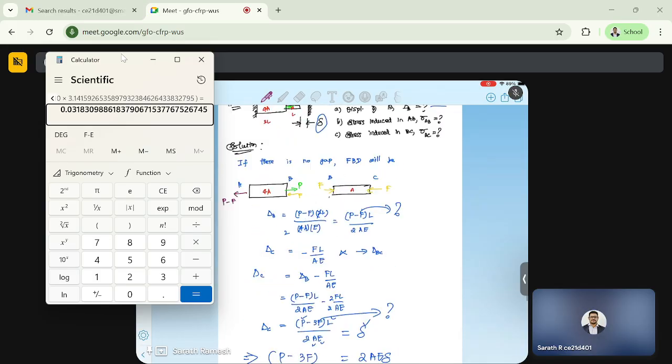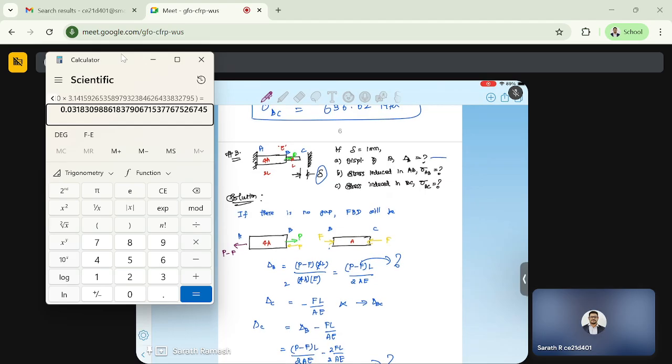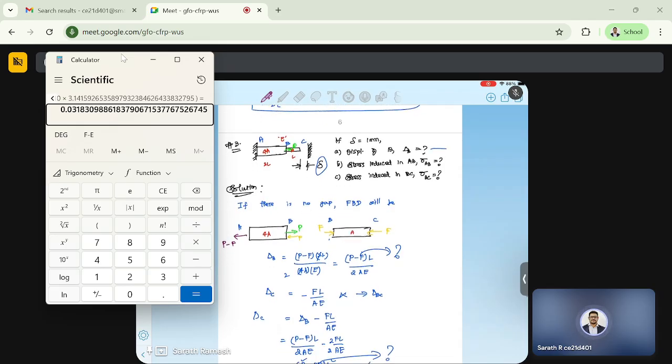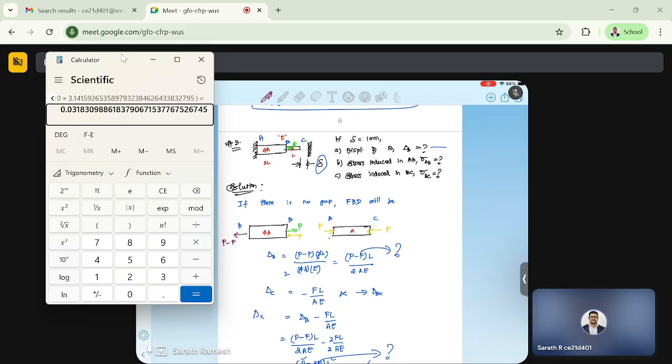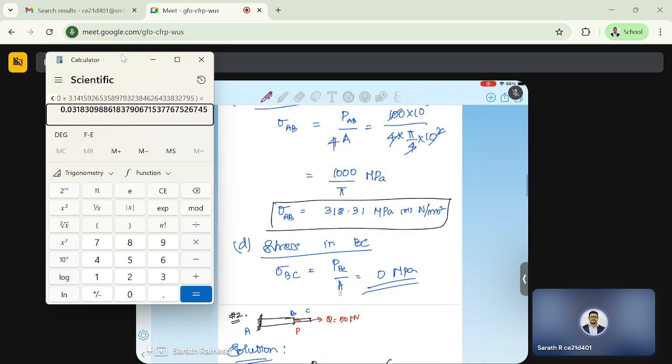So, as per the question, the gap is too large, and hence there won't be any stresses induced in BC. But of course, AB we will have the same as problem number one, right? There's no change. The same answer will remain as in problem number one.